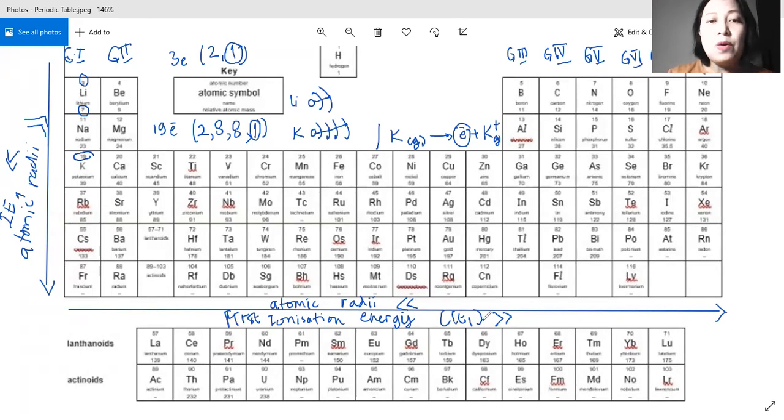And then in the same row, as the number of shells is the same, the one that plays the important role is the increase of the nuclear charge, or in this case, atomic number. So as it goes from left to the right, the trend of the atomic radii is decreasing because it gets nearer to the nuclei with the increased number of protons. And then as the opposite, the first ionization energy is getting bigger or increased.